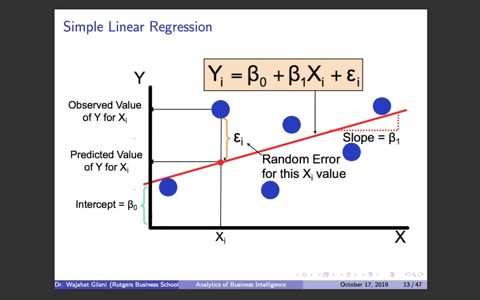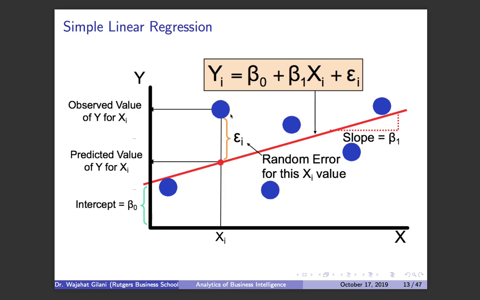There's going to be errors above the line and errors below the line. But if this regression line is done successfully, the errors above and the errors below will cancel each other out, so that if I were to take the average of all the errors here, the average of these errors would give me the value 0. Why?